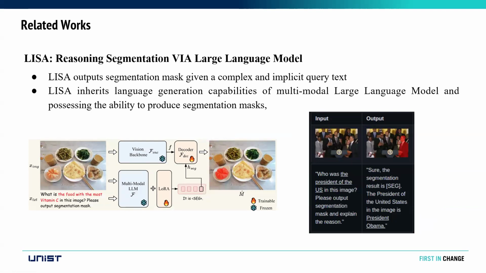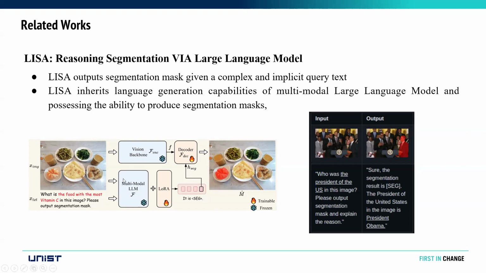Similarly, there's a work called LISA, which uses a large language model to output text along with a segmentation mask. The architecture is similar to the previous one, but they try to adapt a new feature to the large language model to estimate a segmentation mask.